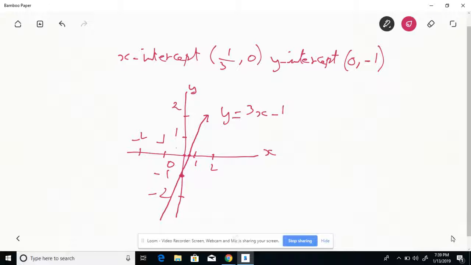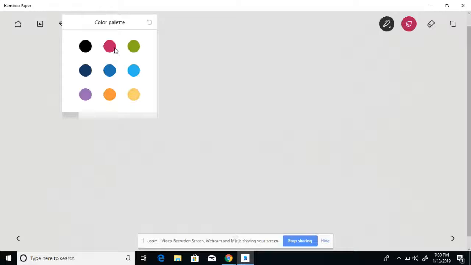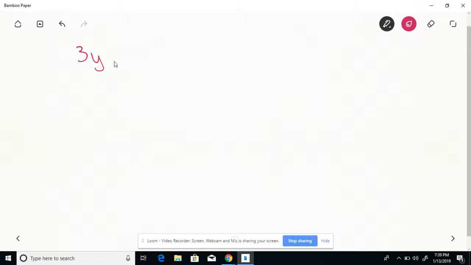I'm going to do another example to make it clearer. Now the example is 3y plus 2x equals 6.